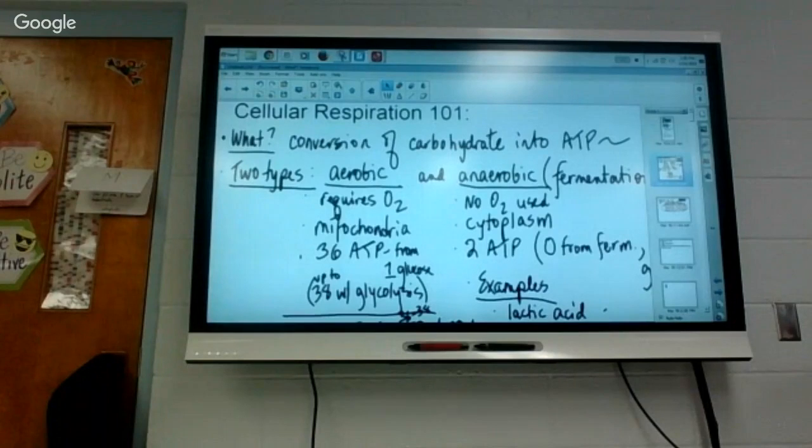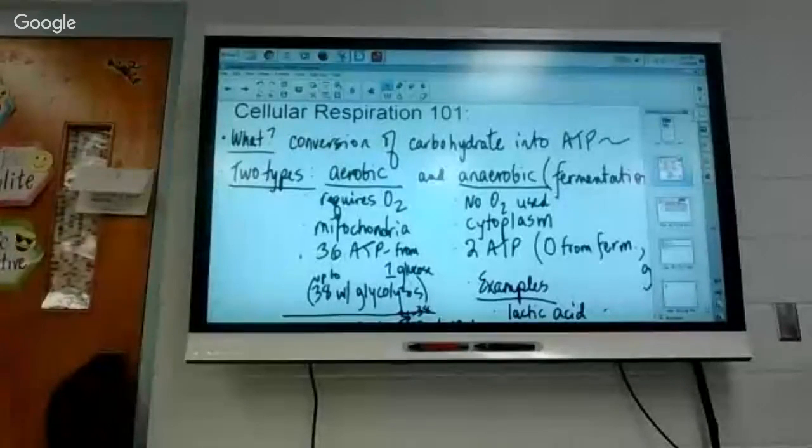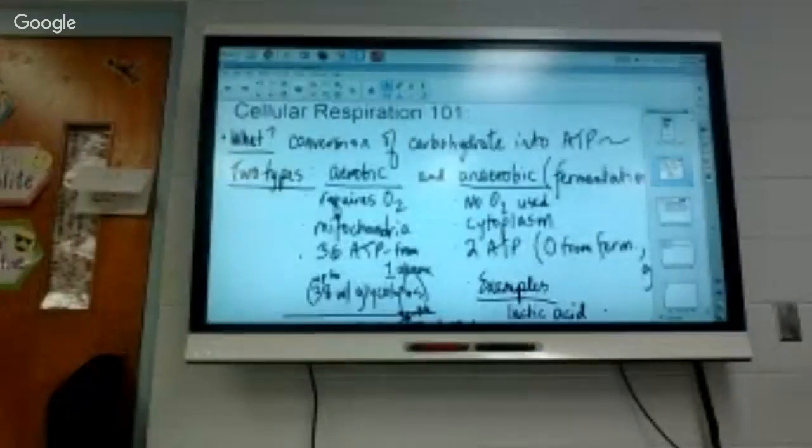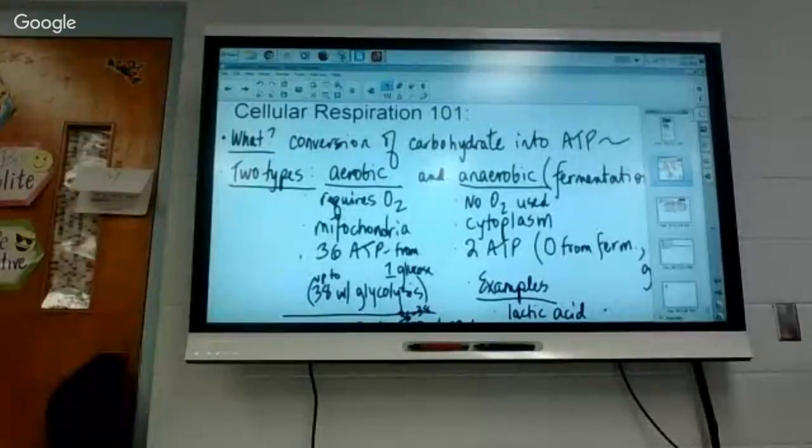All right, so let me show you, we have 3 scenarios. The first one is our control, okay? And control is gonna get yeast and water, and that's it. We're gonna heat it up. This one is gonna be experimental, we're gonna put yeast, and we're gonna give it some food.